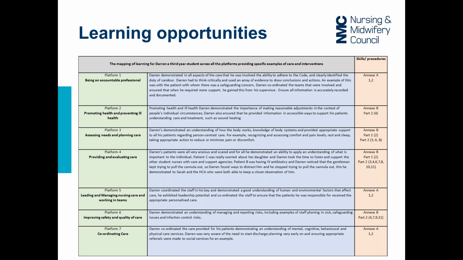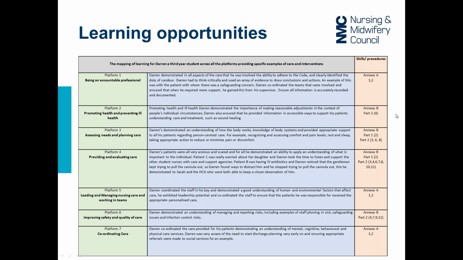But also in Annex B, if you move to Platform 2, it's also about Darren being able to provide information in accessible ways to support his patients and understanding the care and treatment. So it's all about the communication elements that are coming out in Annex B. So that's just 2 examples, really, of how this all links together with both the proficiencies and the supporting skills and procedures.